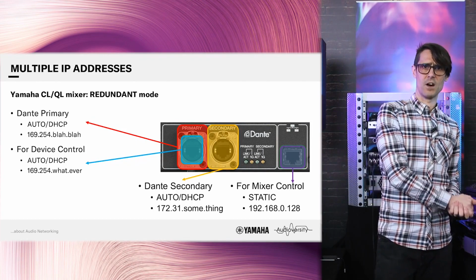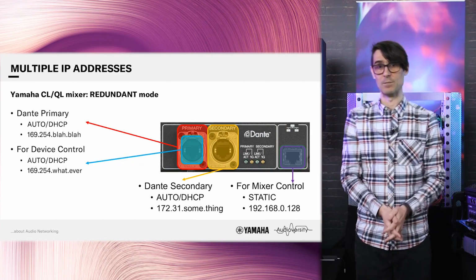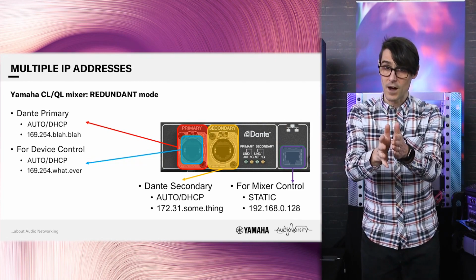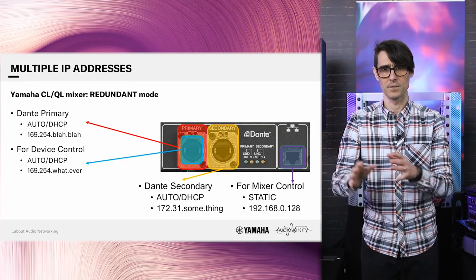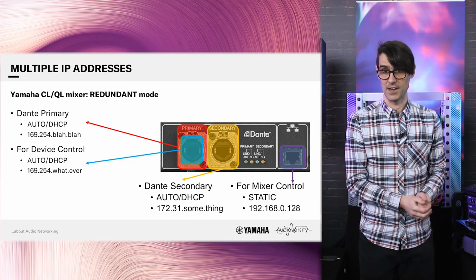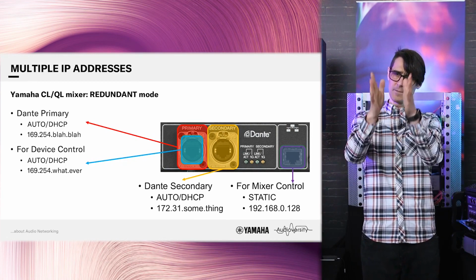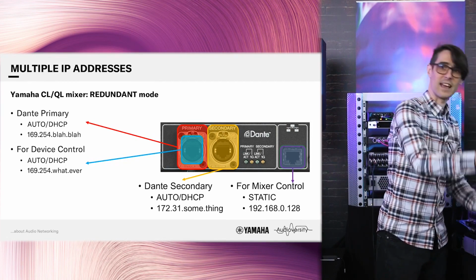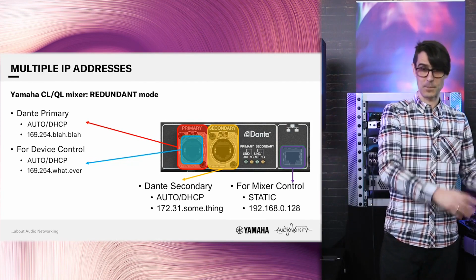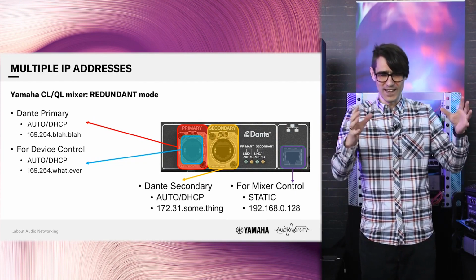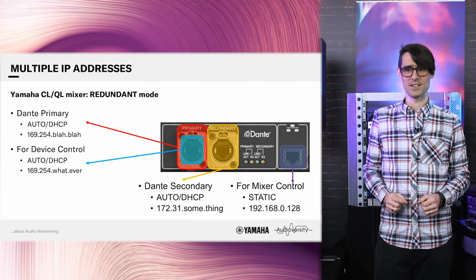Now, if we switch the device into redundant mode for Dante, then you have a primary port and a secondary port, and we have another IP address, automatically in the range 172.31.something, but again, you can use a DHCP server to specify it as something different. But now you see, one physical device is actually having 4 IP addresses at the same time for different tasks. So you really have to know what you're doing when you want to work with all of those in one system.